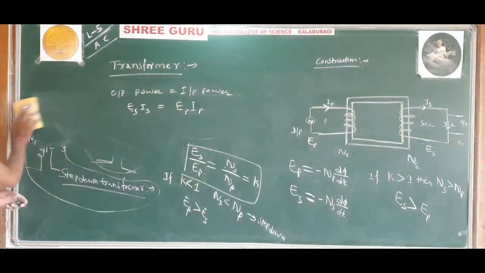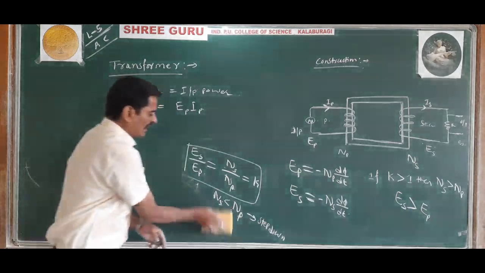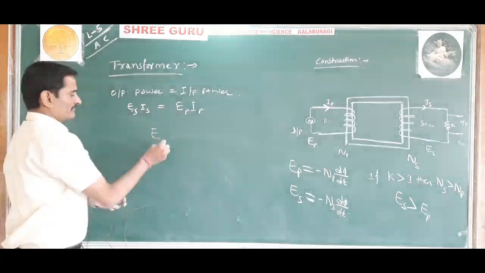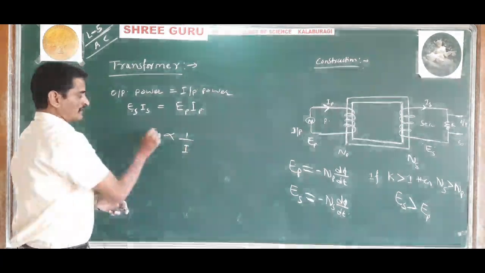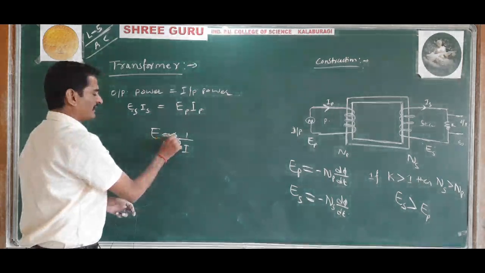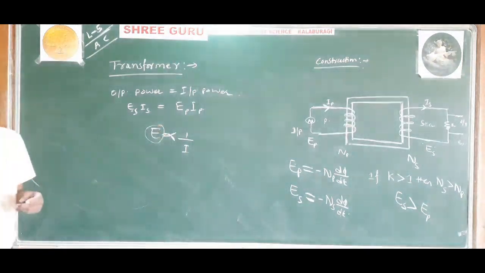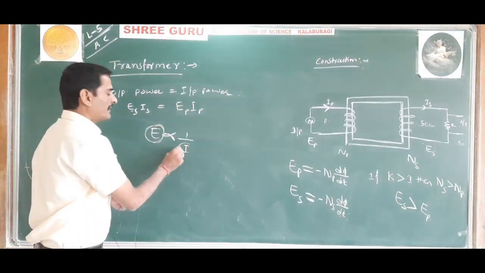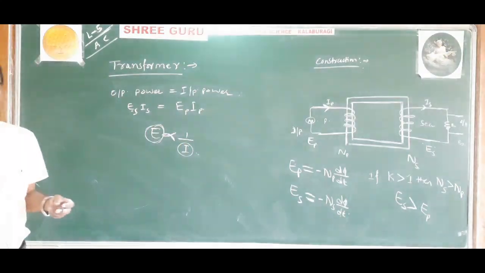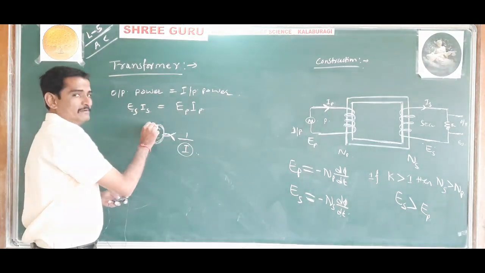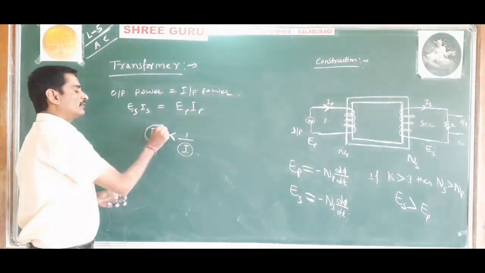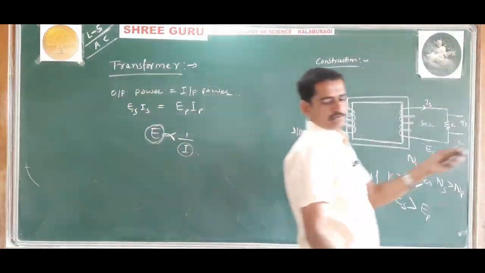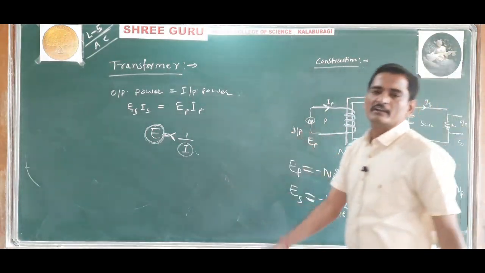So we get the relation that E is inversely proportional to I. That is, AC voltage is increased by decreasing the current, or AC voltage is decreased by increasing the current. That is the fact that we use in a transformer.